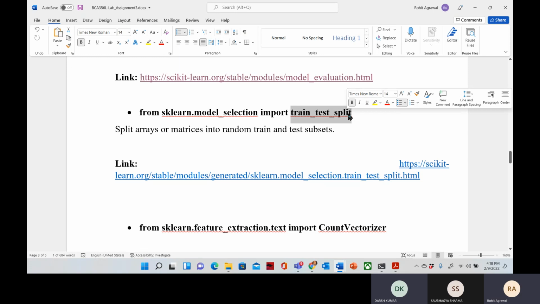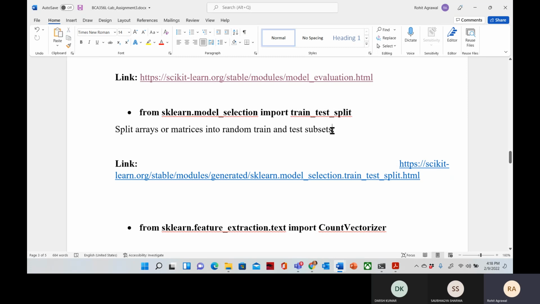Yes, it will split our data into two parts. Using the first part, we will build and fit our model, and using the second part, the testing part, we will check the performance of our model. So it will split our data into random train and test subsets.